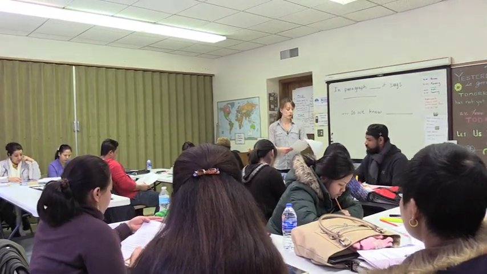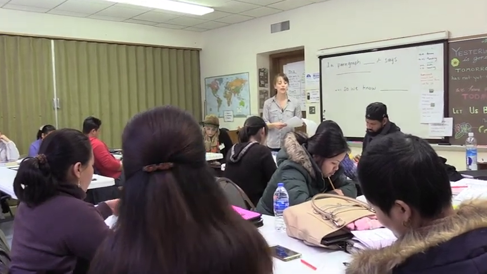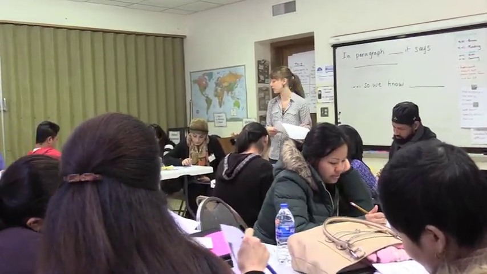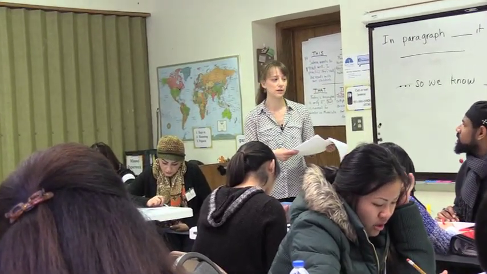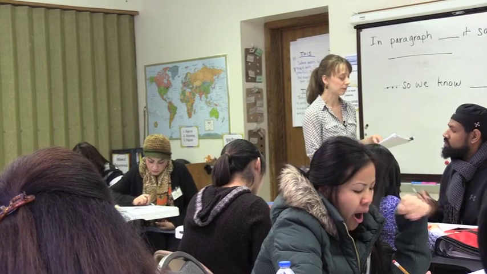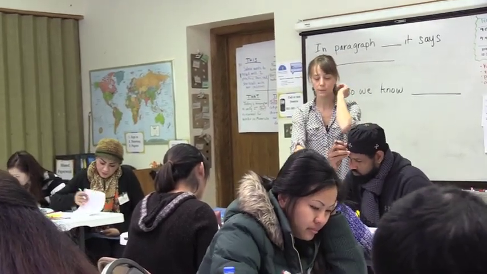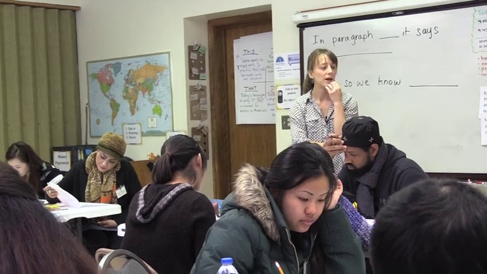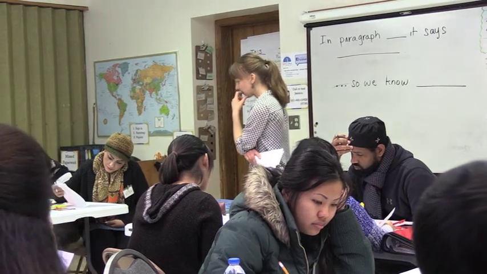So where should we look in the text for the author introducing the idea of women's suffrage? Do you think that will be near the beginning or near the end? Near the beginning. Okay, so take a look in paragraph 1. How does the author introduce the idea of women's suffrage?